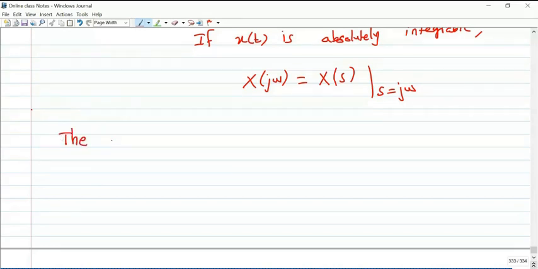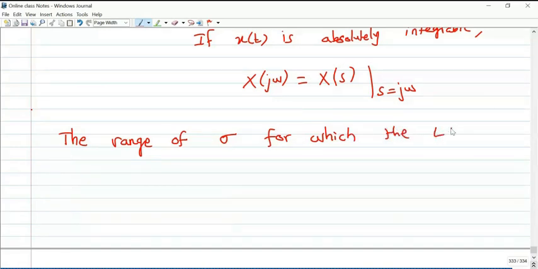I'll write down the definition. The range of sigma for which a Laplace transform converges or exists is known as region of convergence, in short form ROC.